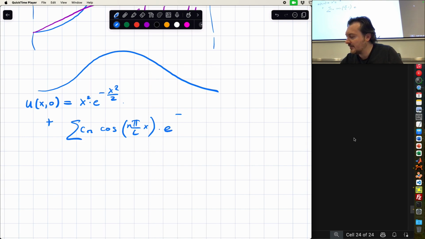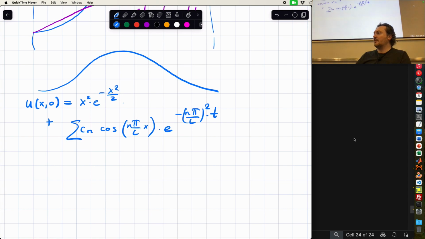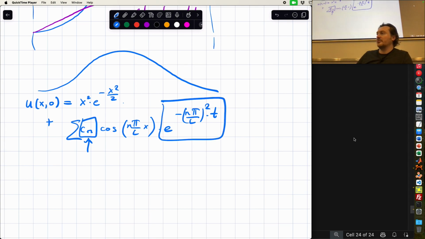You just add this, e to the minus n pi over L squared times t. Boom, you have the solution. The problem is finding these coefficients. And that's what you find actually with Fourier transform. That's why we could just get those Fourier coefficients and just simply multiply them with exponentials. But you can't do that in finite difference. Am I making sense?